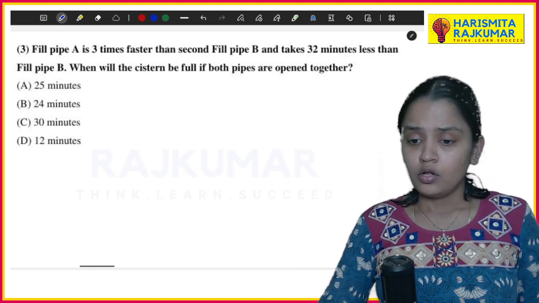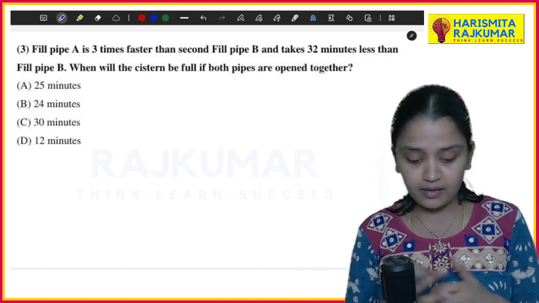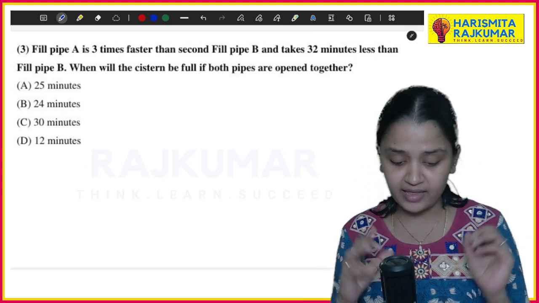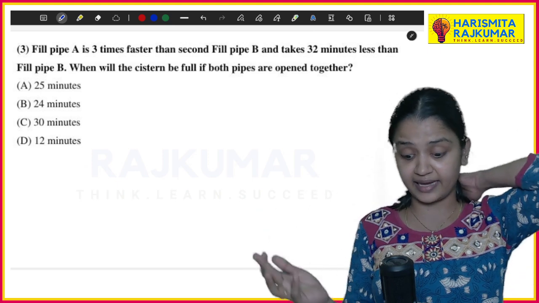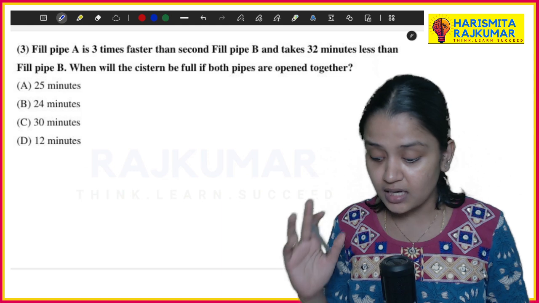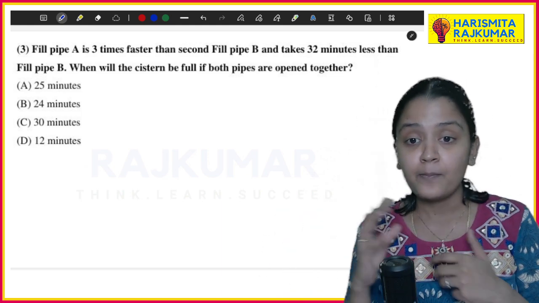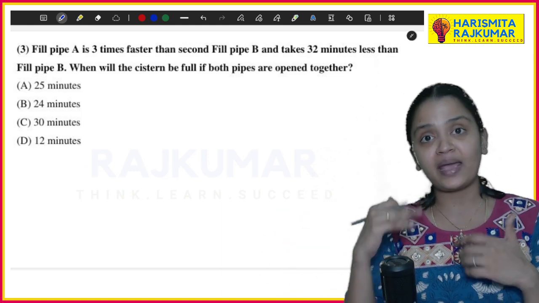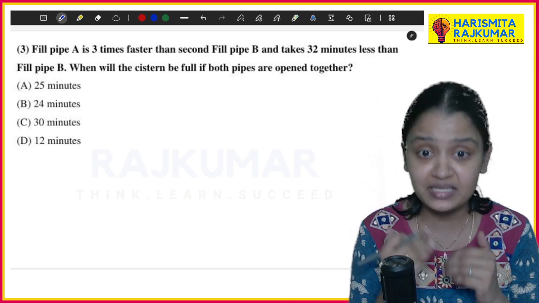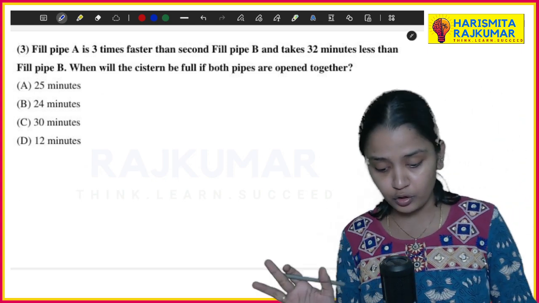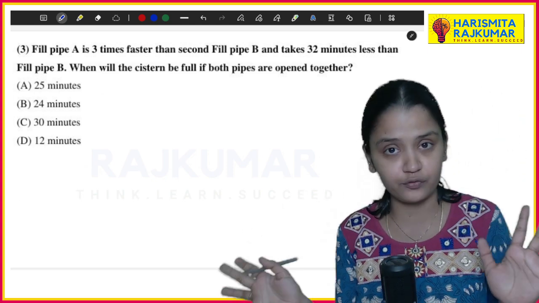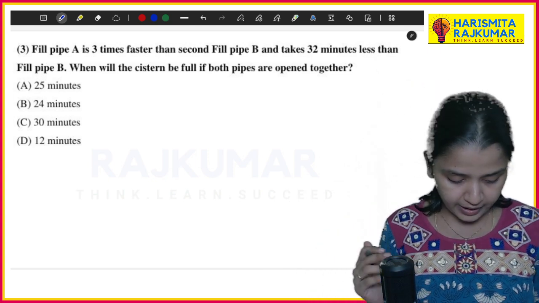Now the pipeline question. Pipe A fills a cistern 3 times faster than the second pipe B, and it takes 32 minutes less than pipe B. So basically pipe A is faster. When will the cistern be full if both pipes are open together?